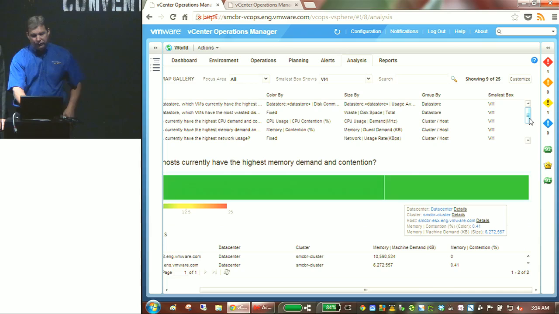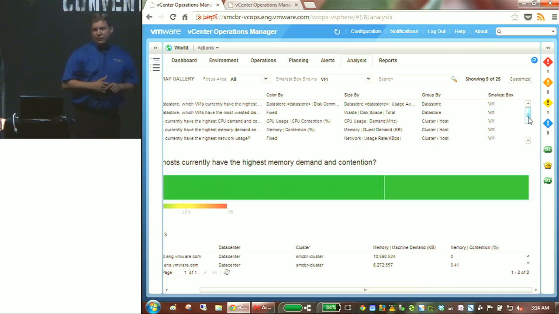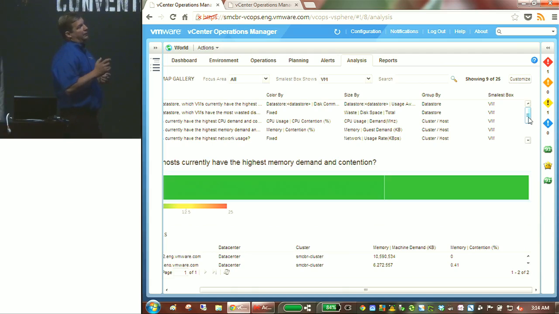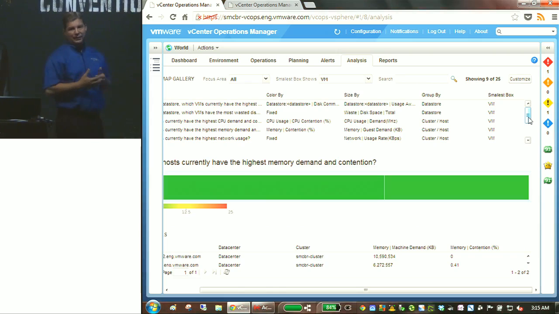I'll get the list whittled down to a set of metrics. There are 2 dimensions to a heat map, or actually 3, but the 2 that control the box: the size of the box is 1 dimension, and the color is the 2nd dimension. Most of our boxes, the size is generally driven by some kind of work rate, and the color is driven by some kind of latency.